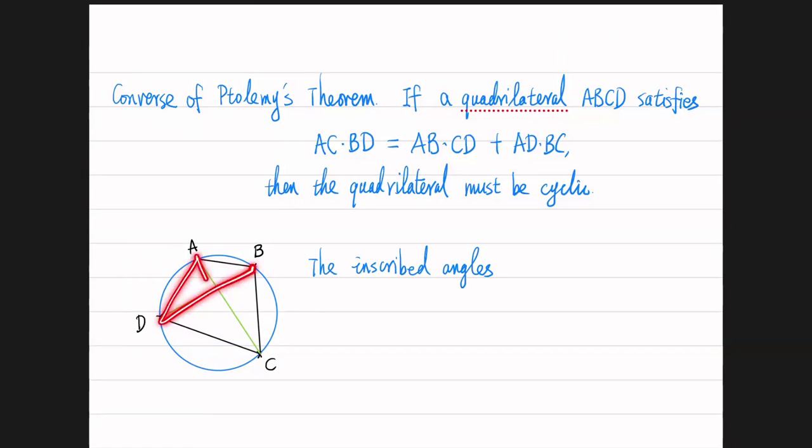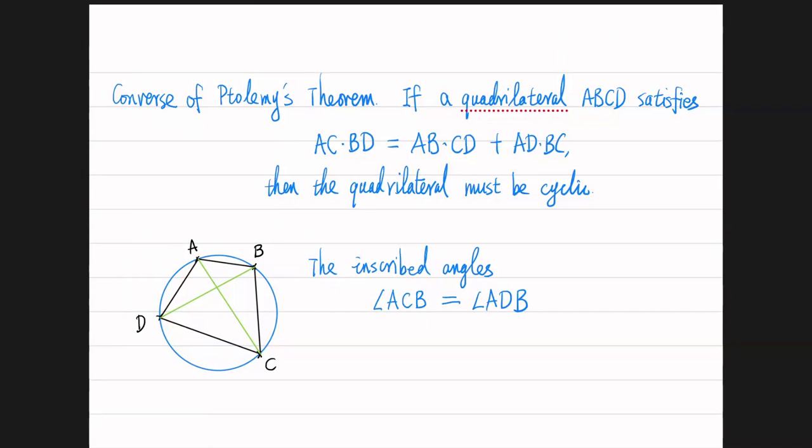What can we say about these two angles? Eric, they're equal. Why? Because if we draw the center point O and AOB, then ADB would be half of AOB and ACB would be half of AOB. So they're equal.